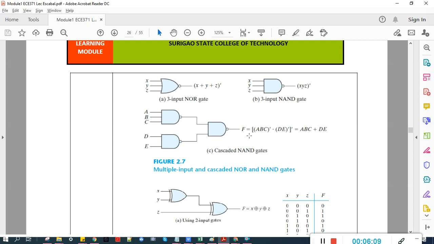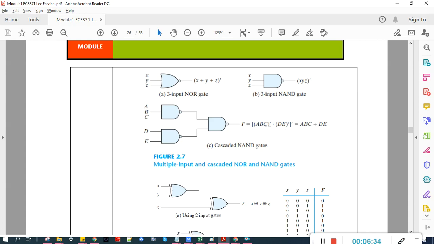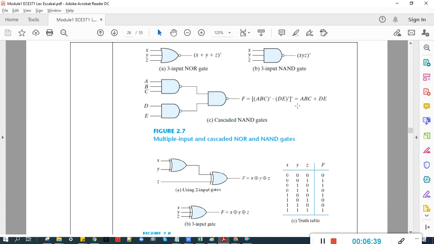So this is the equivalent Boolean function: (ABC) prime dot (DE) prime, and then complement, because this is a NAND gate. Then further simplification using De Morgan's theorem, we will arrive at the result ABC plus DE. You can check that yourself. Try to solve if the final answer is really ABC plus DE.